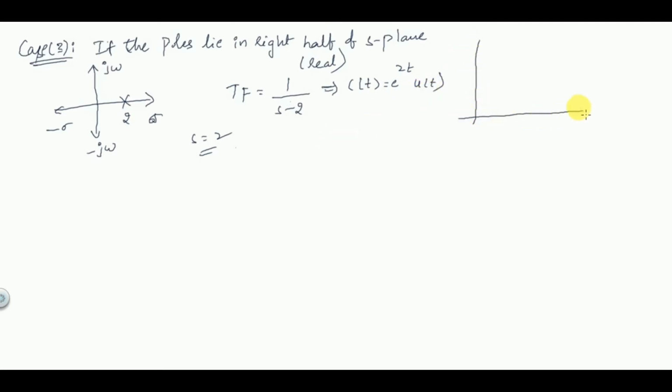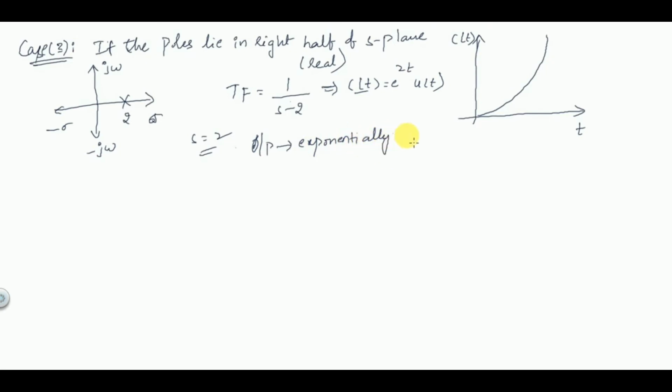If you draw this, c of t versus t, e power 2t is like this. The output is an exponentially increasing signal.